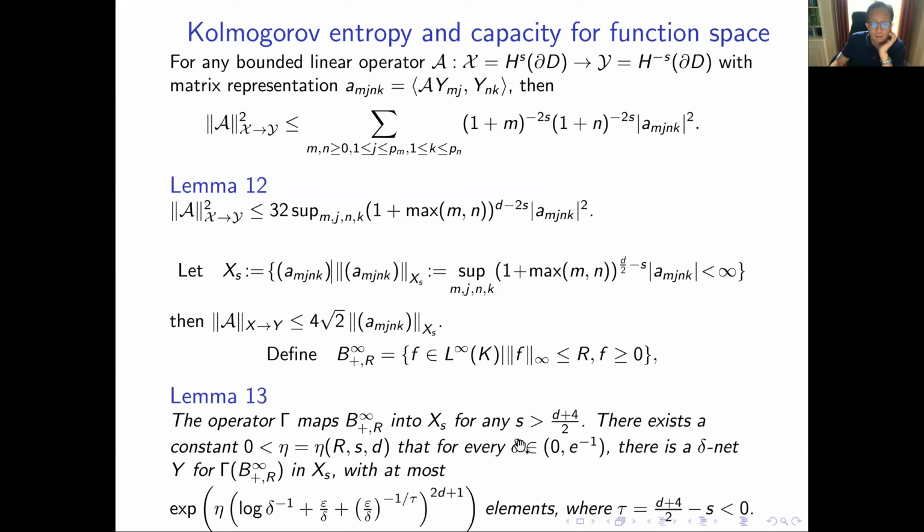Okay, but the whole result is roughly saying the measurement space, where gamma maps to, is small. So gamma maps into XS, and we know XS is this small. At most it's this small.